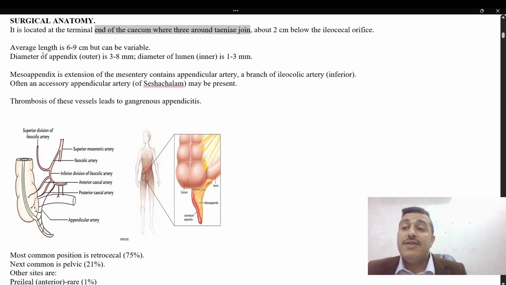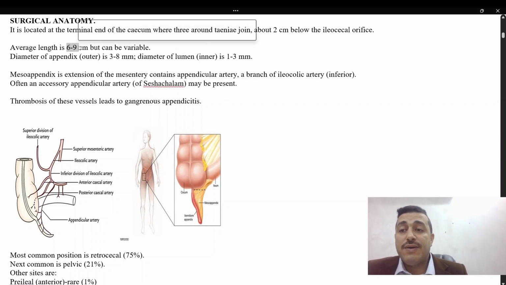We will see the different locations of the tip of the appendix, but this will help us in finding the appendix. The average length of the appendix is from 6 to 9 centimeters.